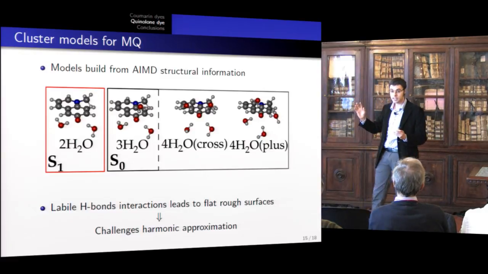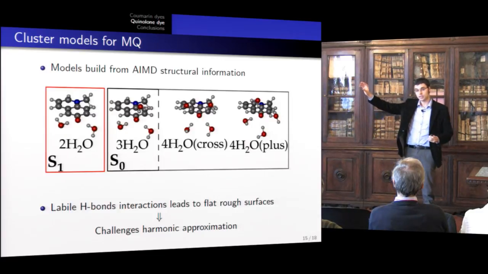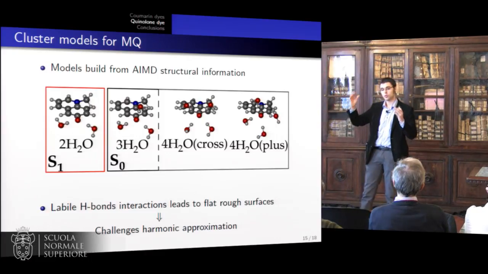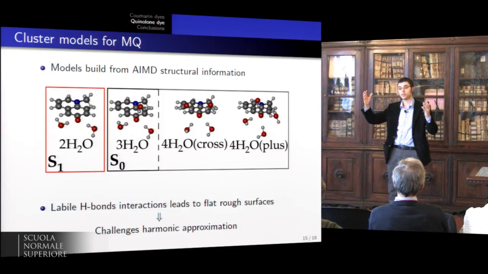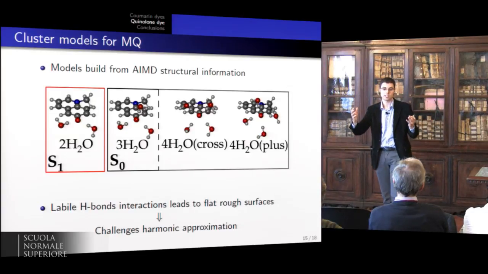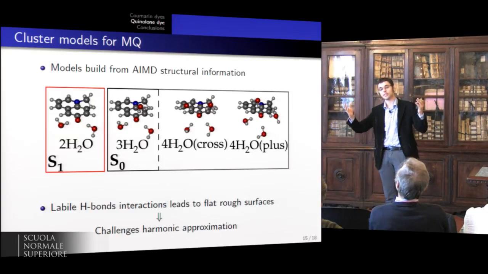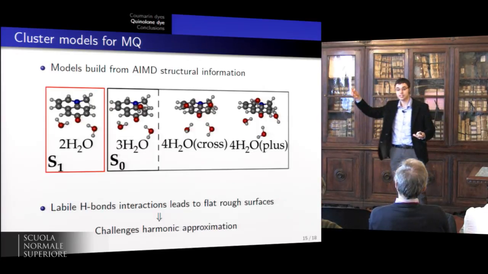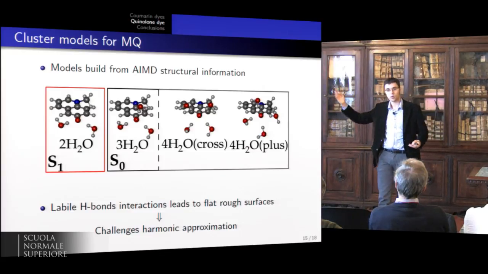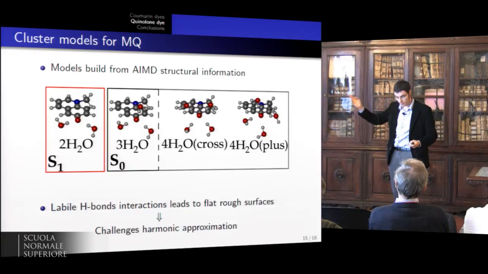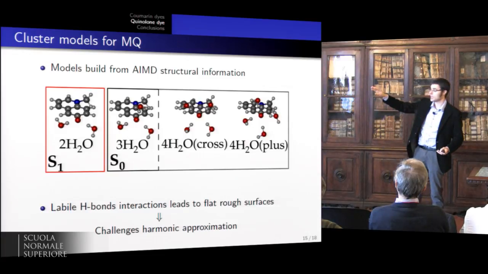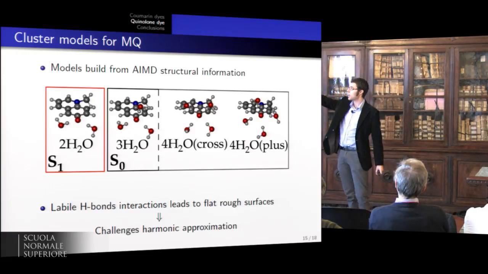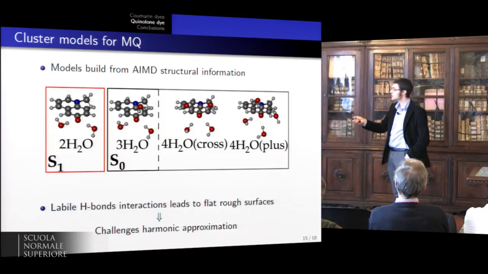And for the cluster, what we did is that we took the cluster, we optimized it, we took the frequencies with the implicit model, the PCM. So we have a supermolecule that is included in the cavity of PCM. And these are 2 different approaches to get the spectra. With the sampling, what we have is this histogram that at the end we say is our spectrum, while in the case of the cluster model, we actually have a vibronic spectrum with all these supermolecules.